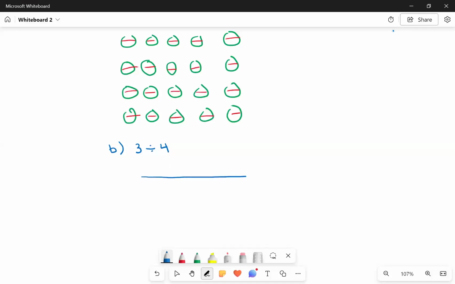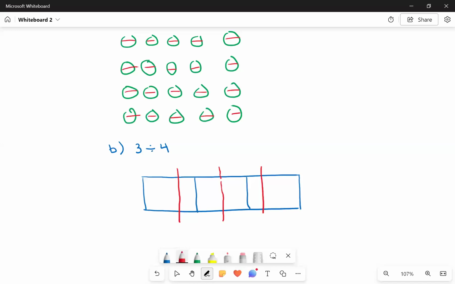So 3 rectangles, and I'll try to make them as equal as possible. If I want to think of it as dividing it up into 4, it's actually not too hard to visualize. If I cut it in half and then cut it in half again, there we go. There are 4 pieces.